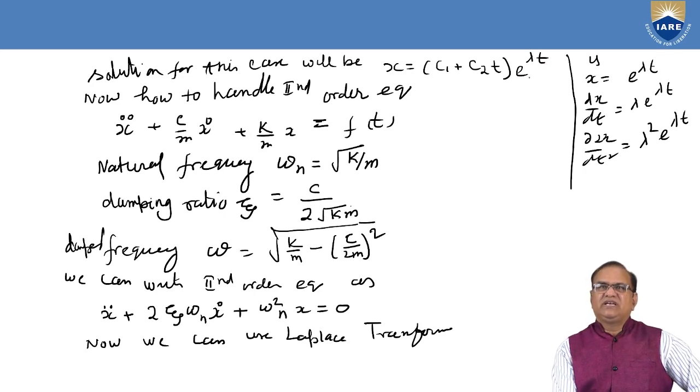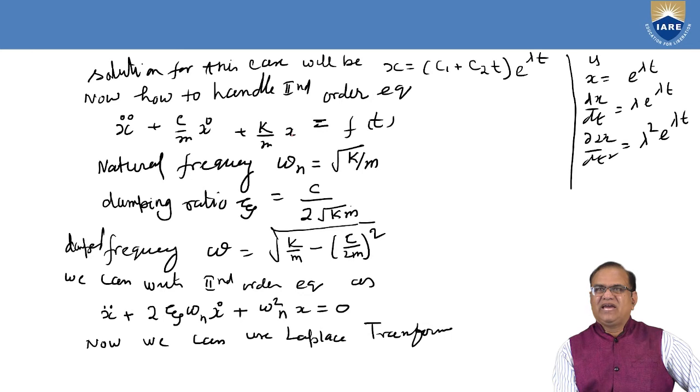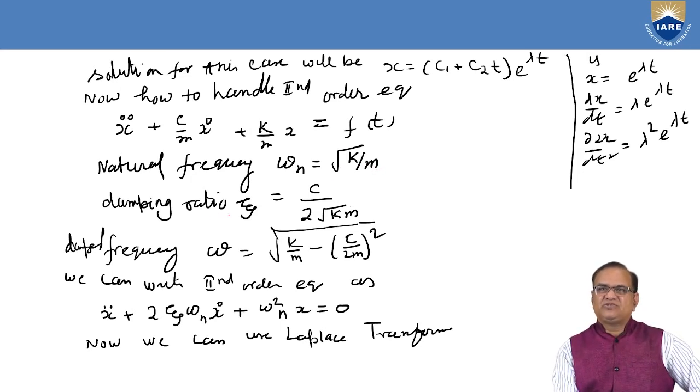So here, now let's see how to handle the second order equation. x double dot plus c by m x dot plus k by m x is equal to f(t). The natural frequency omega n, we know, is under root k by m, and the damping ratio zeta is equal to c by 2 under root km.